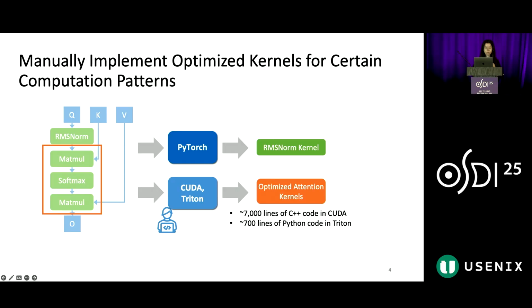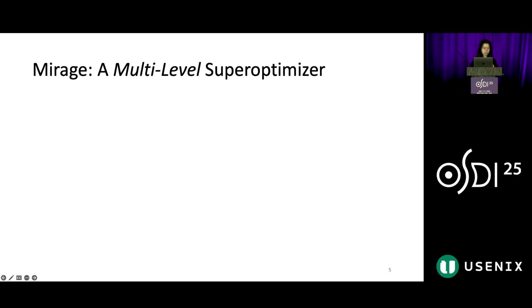In order to achieve both high performance and low engineering effort, we introduced Mirage, a multi-level superoptimizer. Mirage is not the first superoptimizer or automated optimization framework. Existing superoptimizers, such as TASO and PET, apply algebra transformations to the operators at the kernel level in order to find a better algorithm.